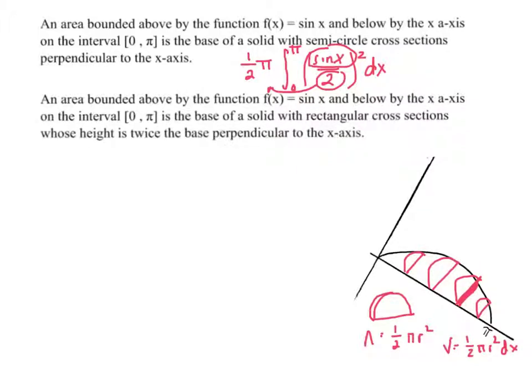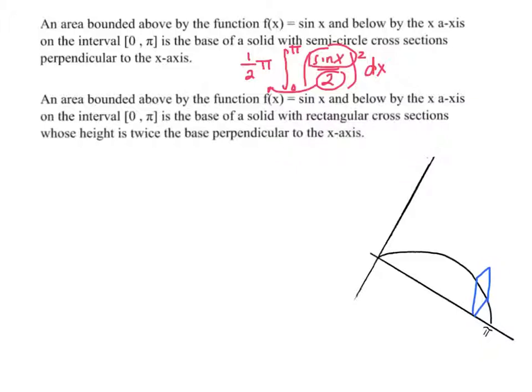Okay, let's finish this part up. An area bounded above by the function sine x, below by the x-axis, with rectangular cross sections perpendicular to the x-axis, whose height is twice the base. So now we're building up like this. Okay, so we've got a rectangle where this is b and this is 2b.